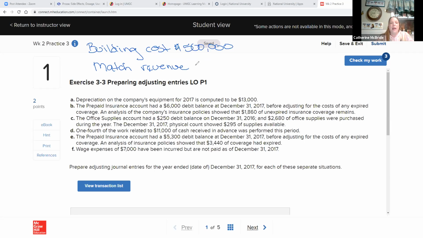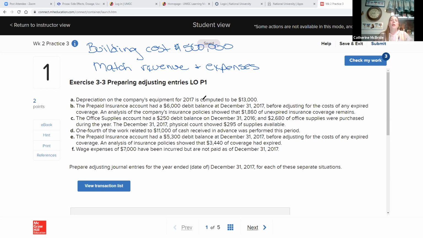And by match, I mean put them in the same period. We want the expenses that are related to earning that revenue in the same period as the revenue, which makes it a lot easier to see what's your real net income.